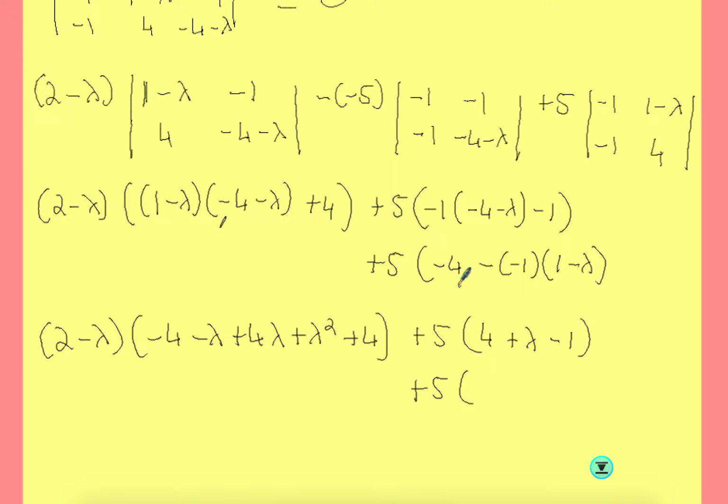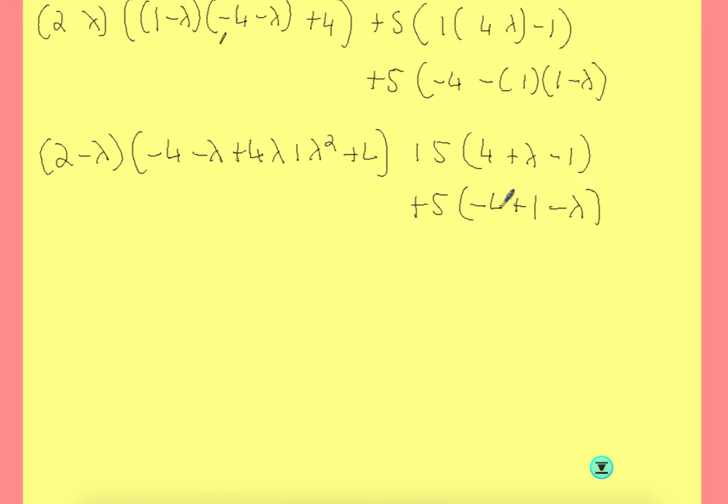And then in this bracket we've got -4 plus 1 take away lambda. Right. As you can see, stuff has jumped about again, so let's see if anything's missing. Plus lambda squared plus 4. It's so annoying.